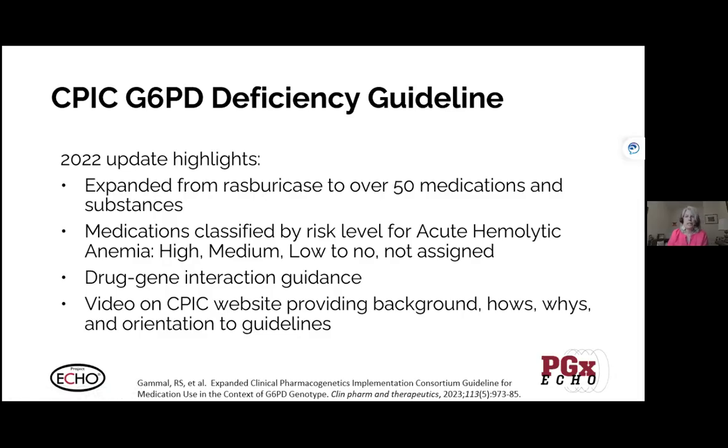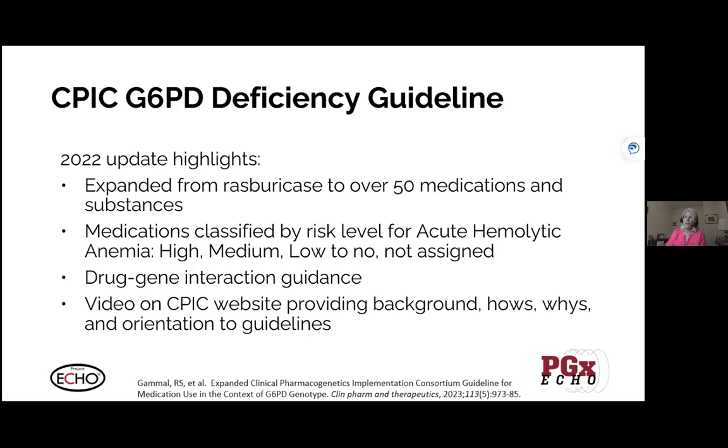In 2022, the CPIC updated G6PD guidelines were released. The 2014 guidelines included guidance on rasburicase, although in the supplemental guidance there were other medications that had been reviewed or that had been reported as having concerns for hemolytic anemia in G6PD deficiency, and they did an assessment at that time, but it was kind of beyond the scope of that guideline to specifically make recommendations on those.